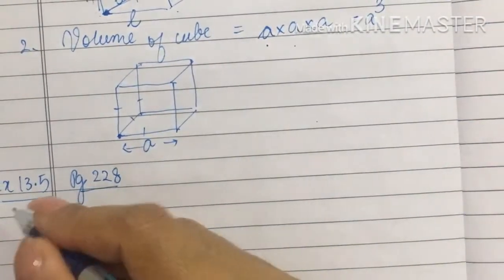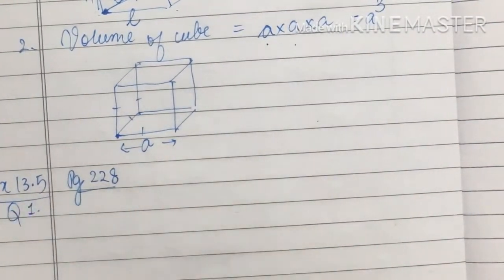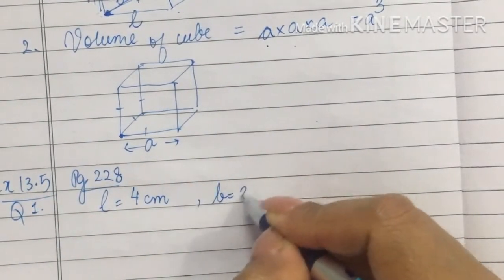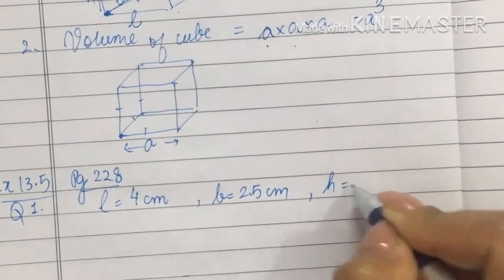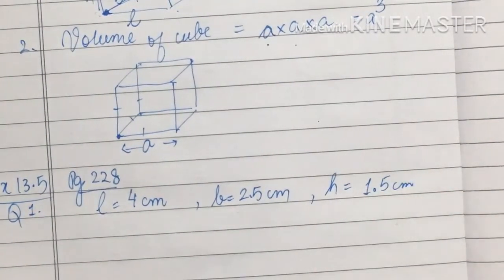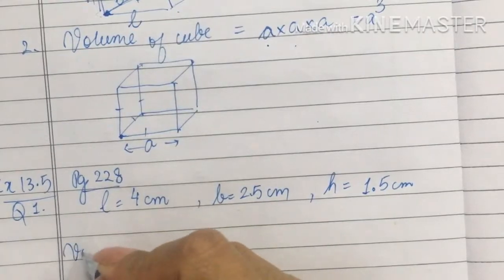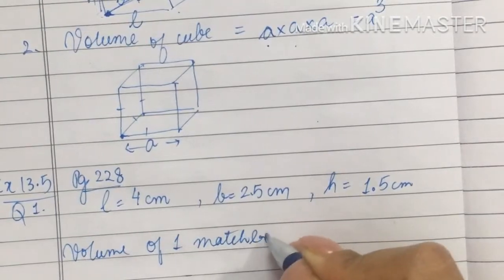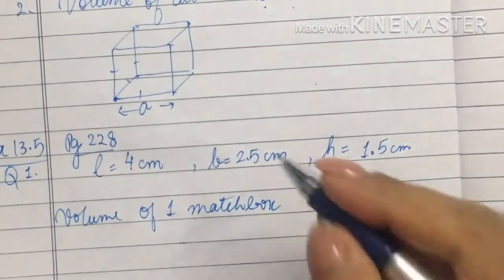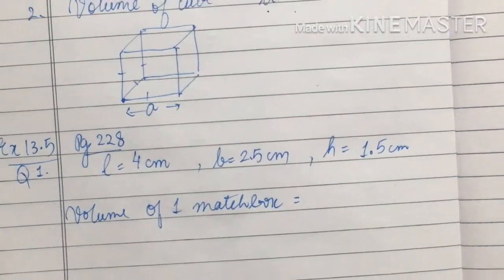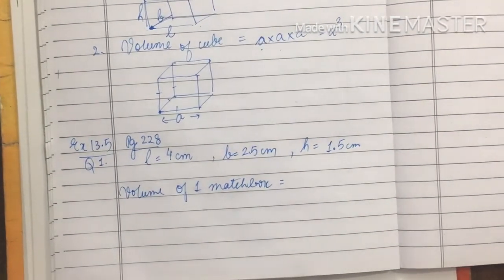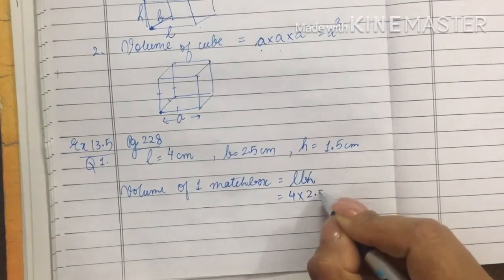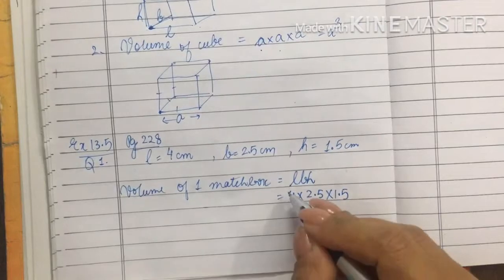Let's write down the answer. If you want, you could write down the length, breadth and the height first. Length is 4 centimeters, the breadth is 2.5 centimeters and the height is 1.5 centimeters. So from here, volume of one matchbox is equal to L into B into H. So 4 multiplied by 2.5 multiplied by 1.5.